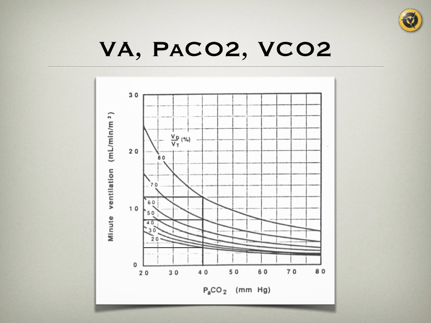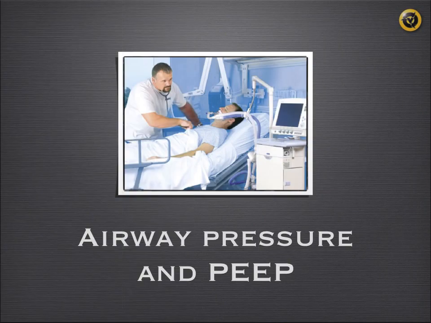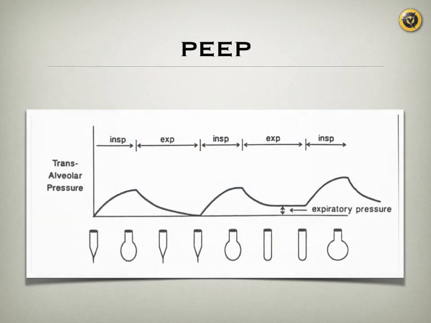A few more concepts about positive end expiratory pressure and CPAP, continuous positive airway pressure. Here's PEEP, or positive end expiratory pressure. The idea is that there are units in the lung, the alveoli, that are collapsing at the end of expiration.